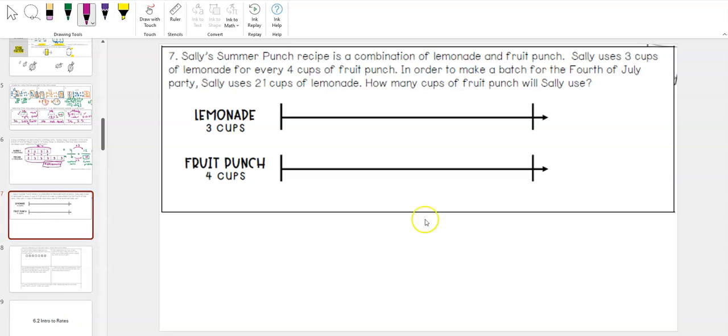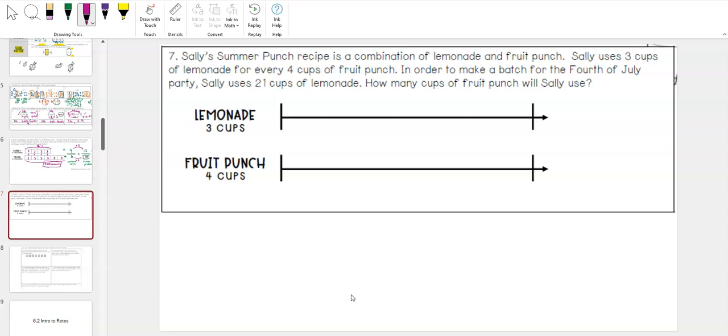Let's look at another one. Here we're going to use another form of tape diagram, which is going to use number lines. Sally's summer punch recipe is a combination of lemonade and fruit punch. Sally uses 3 cups of lemonade for every 4 cups of fruit punch.